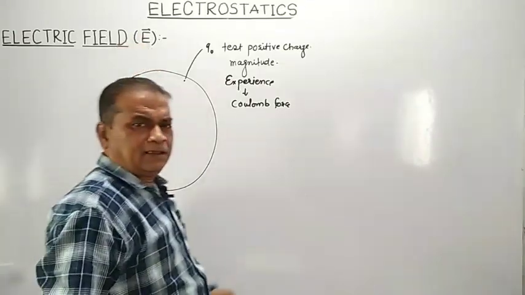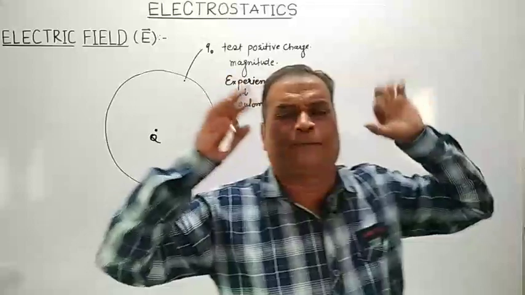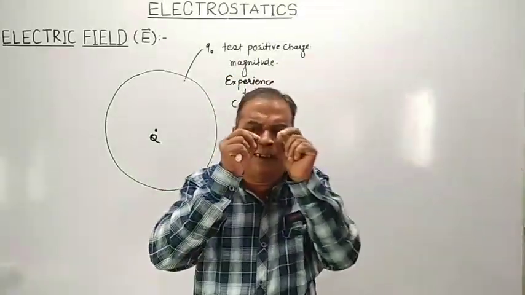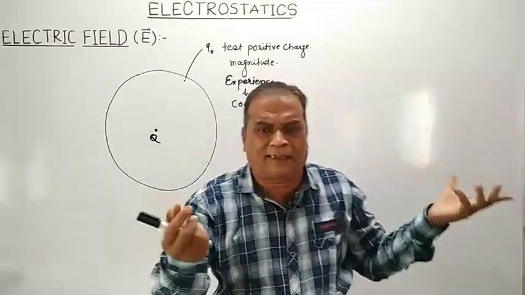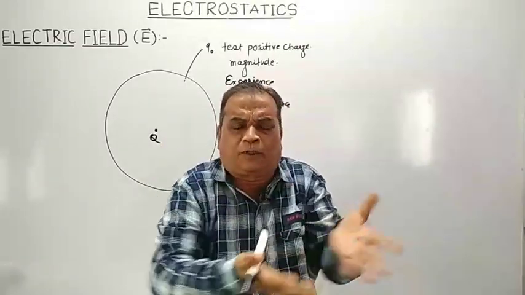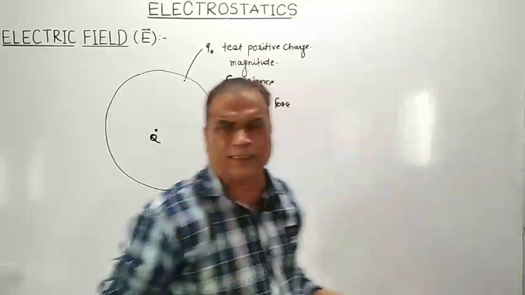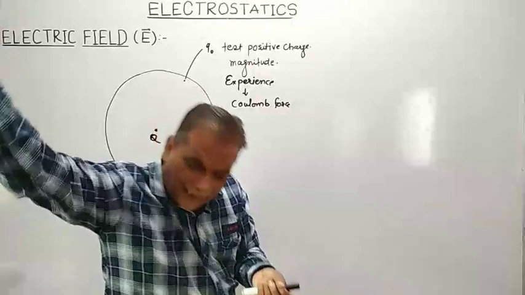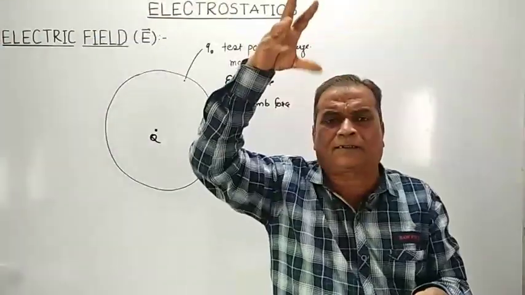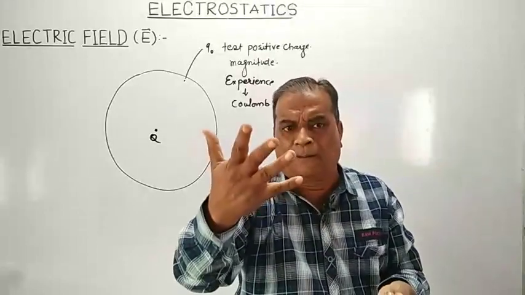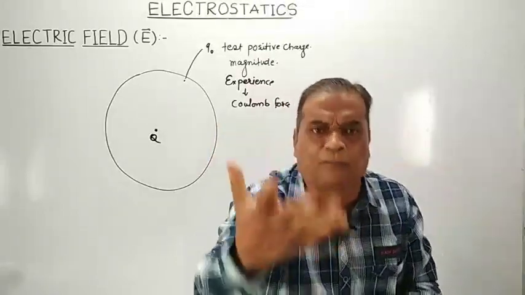But remember, this is the theoretical definition of electric field. Always keep in mind, whether the charge is positive or negative, there is some spherical region surrounding it in which, when a test positive charge is brought, it will experience a Coulomb force.